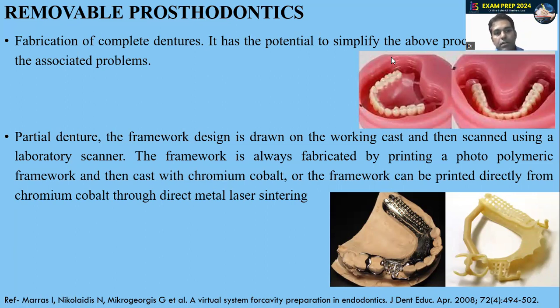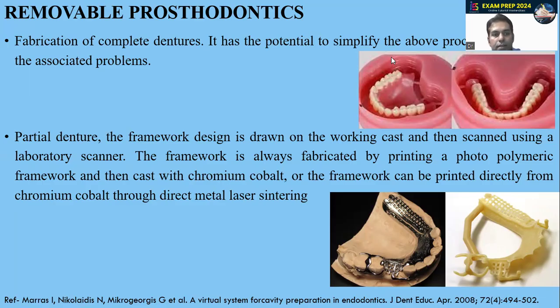Partial denture: the framework design is drawn on the working cast and then scanned using a laboratory scanner. The framework is either fabricated by printing a photopolymeric framework, and then it is cast with chrome cobalt, or the framework can be printed directly from chromium cobalt through direct metal laser sintering. So both techniques are possible with the help of CAD CAM.